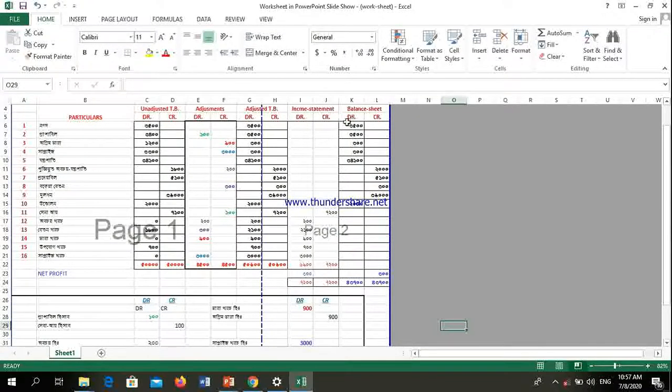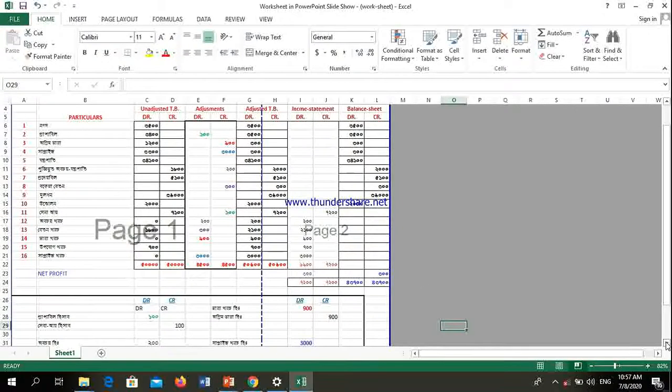Okay, so now look, if you sum up the whole figure of the debit side, and if you sum up the whole figure of the credit side, it will be the equal figure. Every debit will be equal to its credit. So this is the configuration.